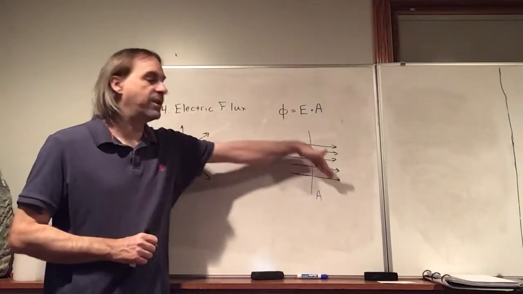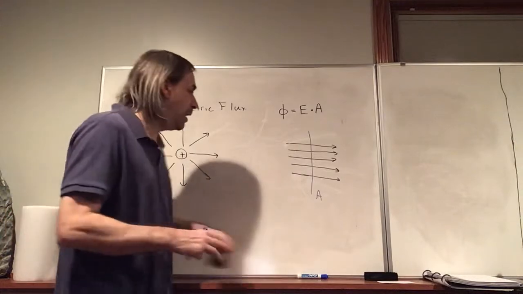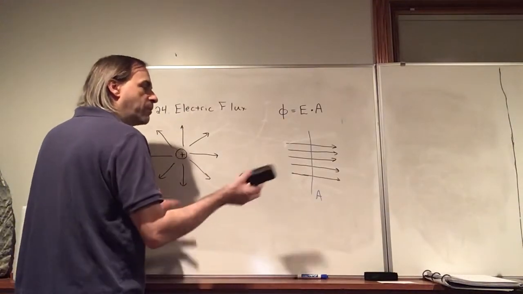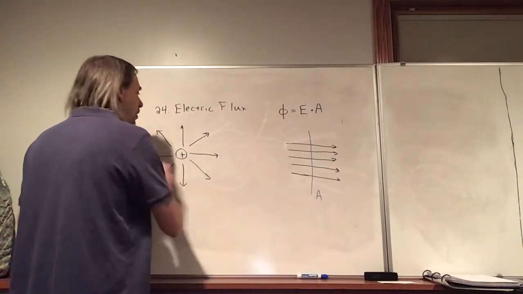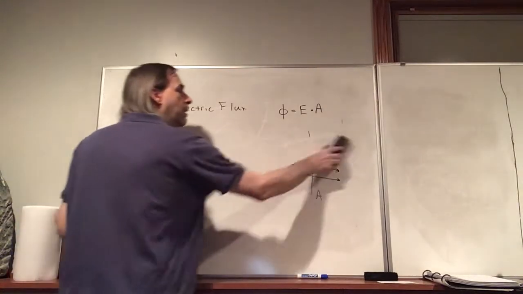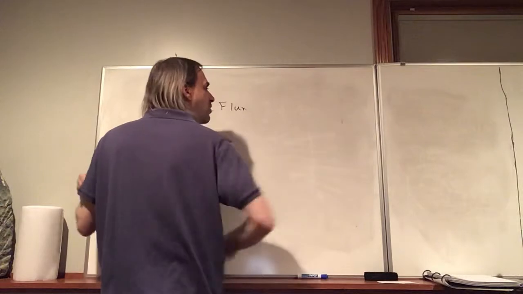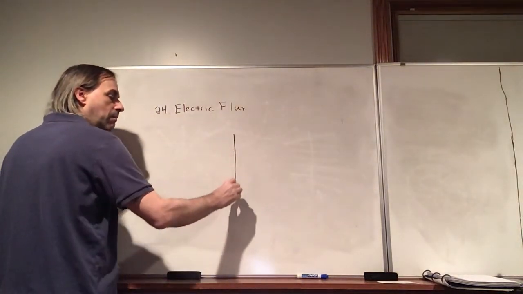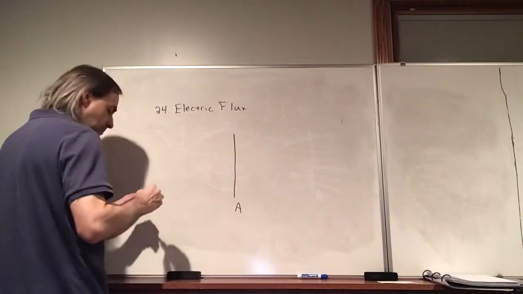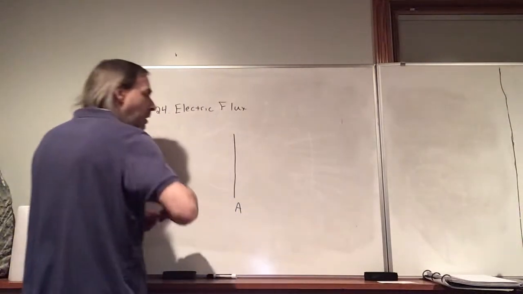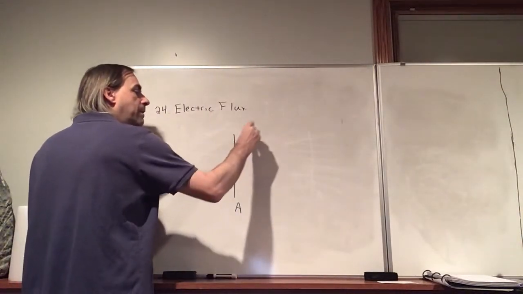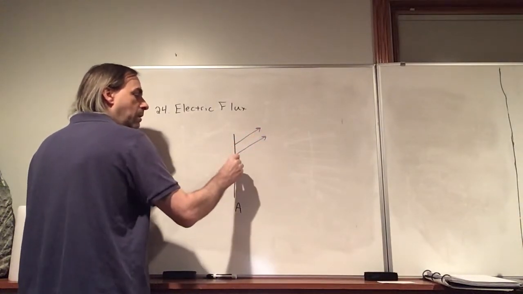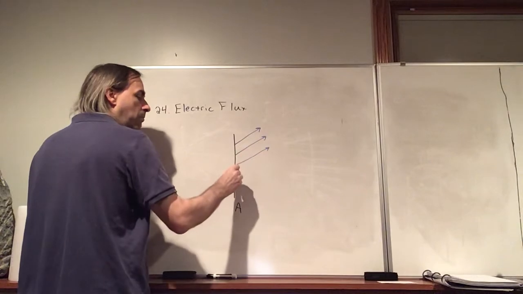What if we have our surface going at an angle? And instead of turning the surface, what I actually want to do is turn the electric field lines. So let me just start over. Let's say we have a surface like this with an area A. And say the electric field lines are crossing the surface at an angle.